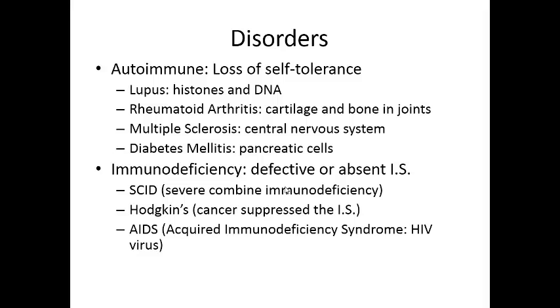Hodgkin's disease is caused by a cancer that targets the immune system. And AIDS is caused by the HIV virus, targeting the helper T cells within the immune system, which makes the immune system dramatically reduced. This concludes our video on the immune system.